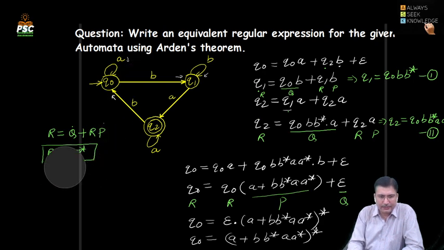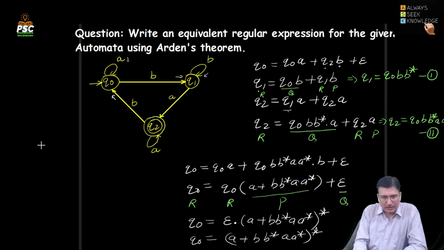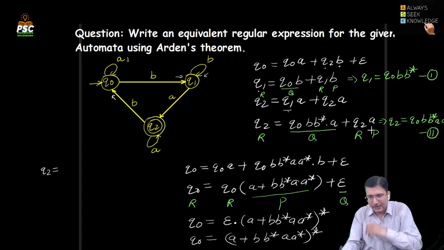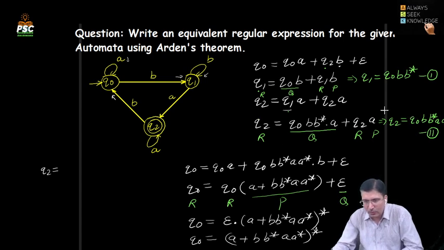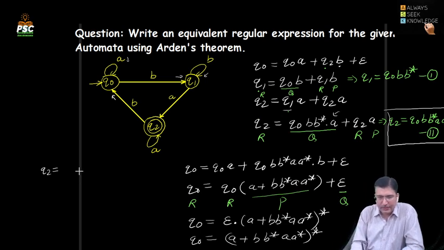So let me clear this. Now, Q2 is equal to, my Q2 is this equation 2. Rather than going to this particular equation, I can just utilize this. So now I have the value of Q0. My Q0 is A or B asterisk A asterisk, whole asterisk, right?